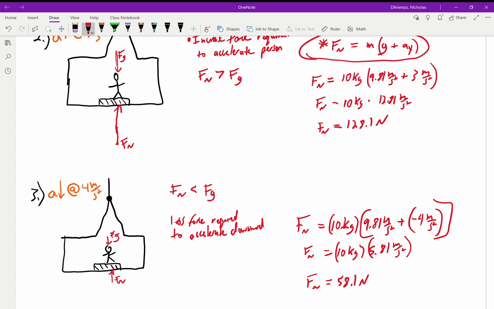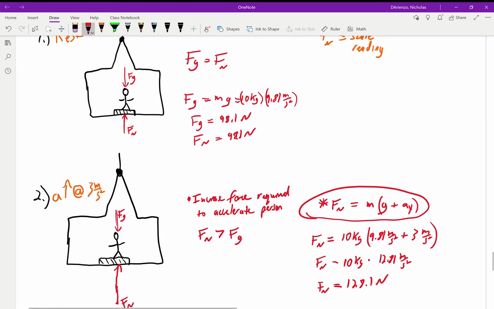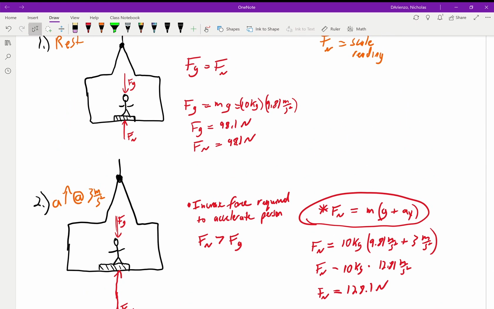And at rest, our normal force is going to equal our weight, as those forces are in equilibrium, since neither are moving in either direction.